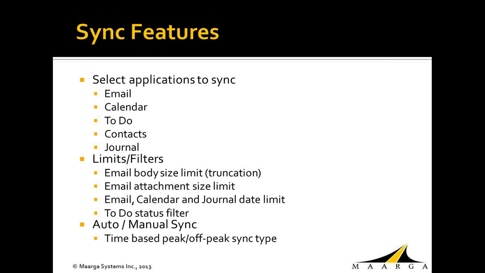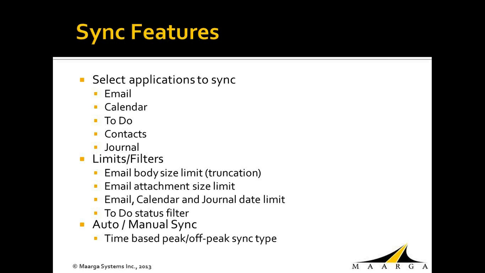So if a user doesn't need any other information, or if a user only needs calendar information, they can enable it on their mobile device so that their data consumption will be reduced. And then we can also set limits or filters on what will be synchronized with the mobile device.